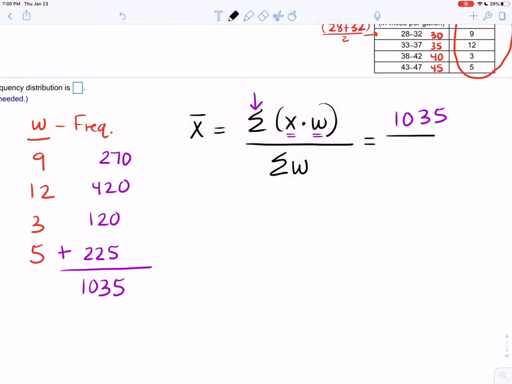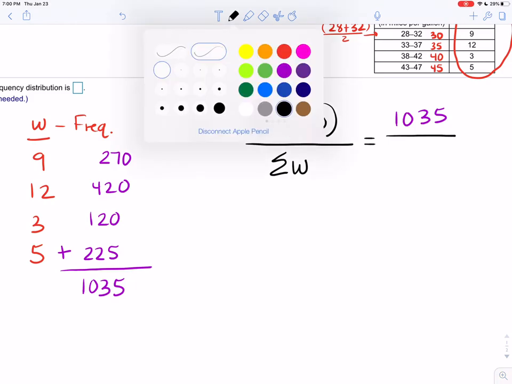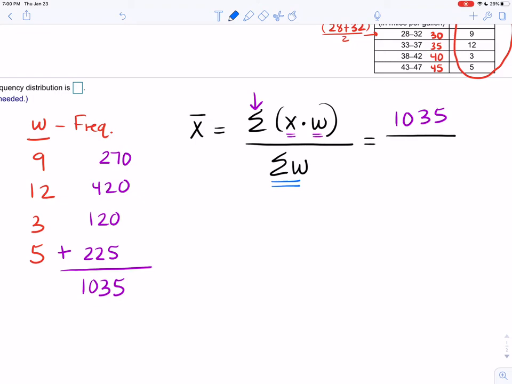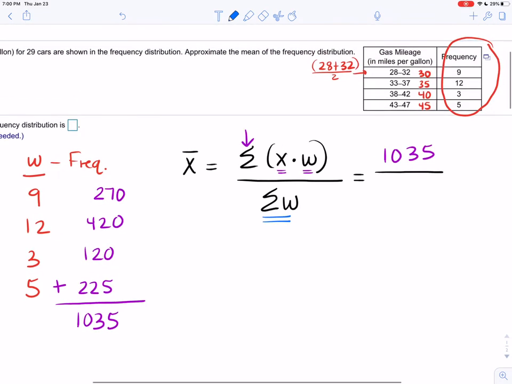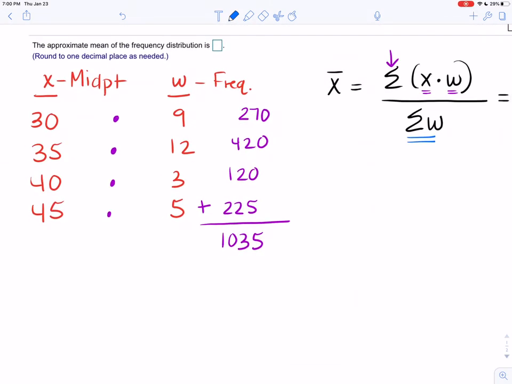Now, I need to divide this by the sum of the weights. And so again, this is where you want to be careful. When you divide, you don't want to divide by four classes, right? That's not going to tell me anything. I want to divide by the sum of the weights, and the weights are these frequencies right here. So if I look at adding up my weights here, I've got a total weight of 29.